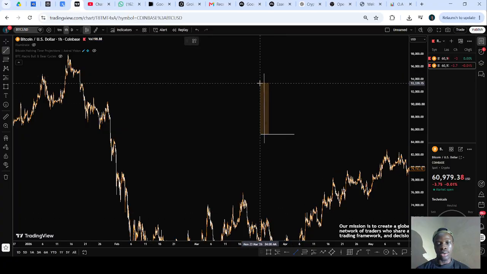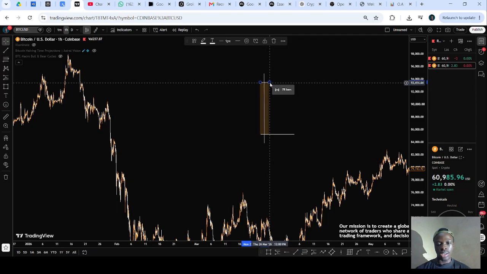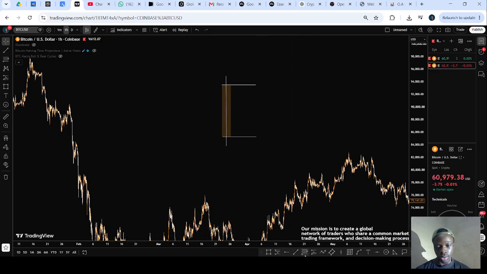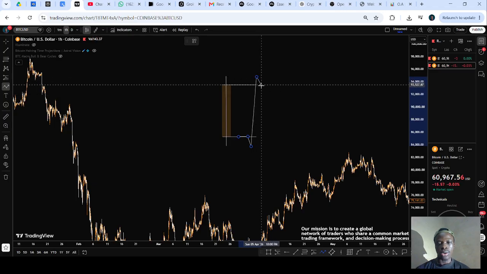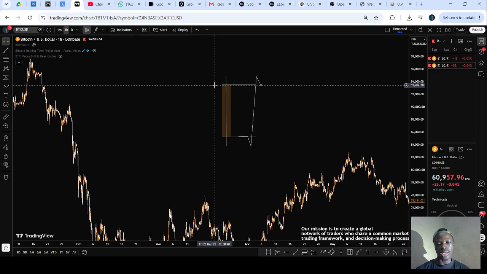This candlestick is telling us that price opened here, came all the way to this point, manipulated to this point, went up, then closed at this point. So this point is our opening price and this is our closing price.